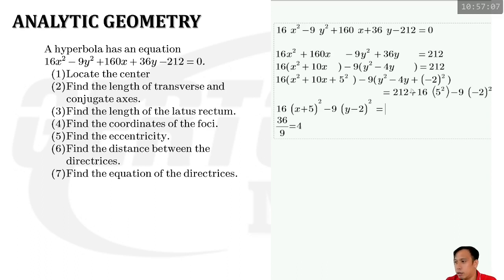That's 576. Okay? Now, we should make the right side equal to 1. So, what we gotta do is divide this by 576.